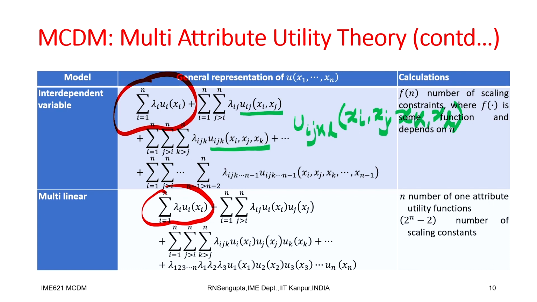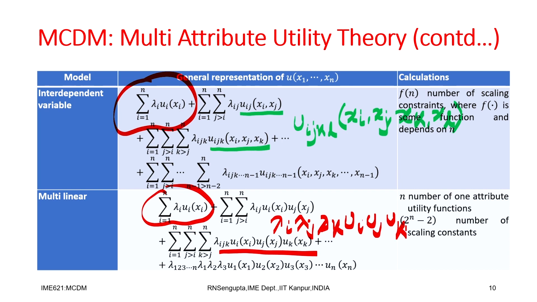So, if you consider the second term, generally for the earlier case it was basically lambda I, lambda j, lambda k, and then it was u I, u j, u k.